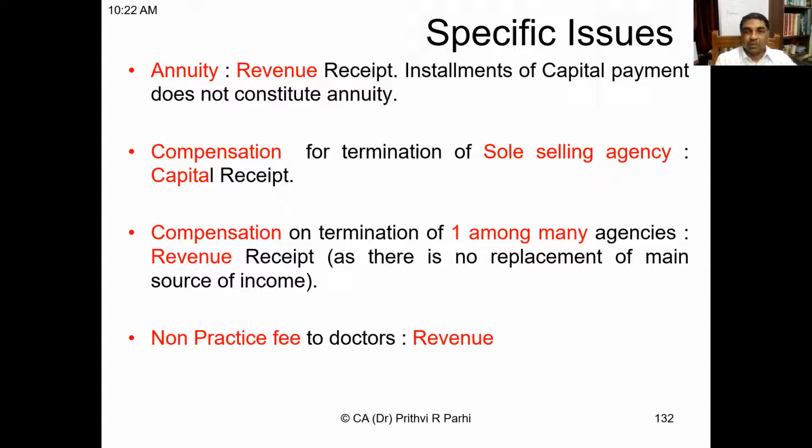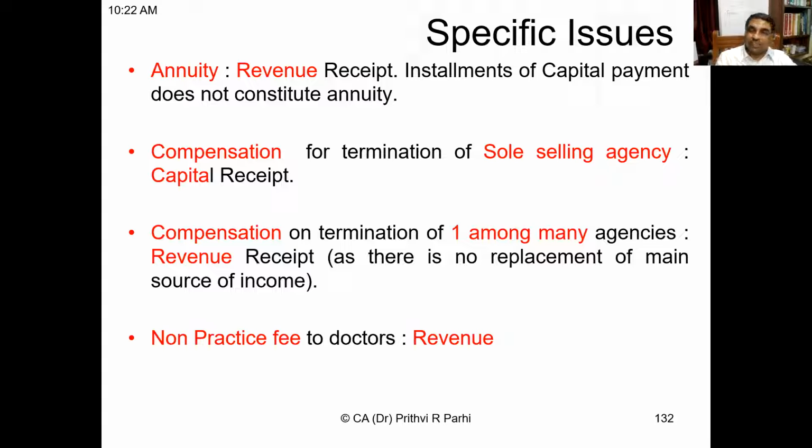It is not an income from your point of view. And if you are paying in installments, you are incurring a capital expenditure in installments. But for revenue, we are analyzing income, so you have to analyze it from the recipient's point of view. Yes, sir. Any other query you have? No, sir. Okay, thank you.